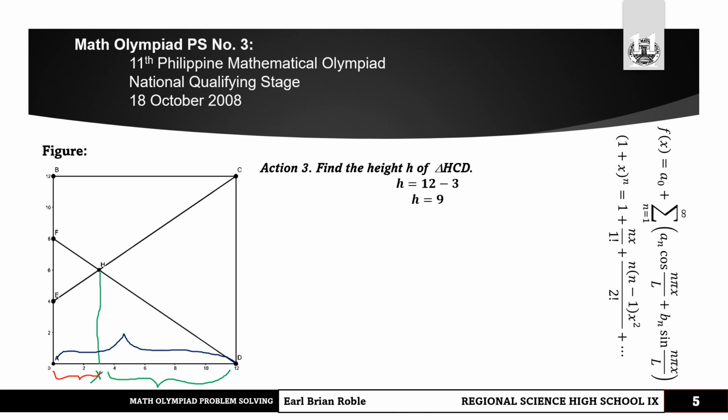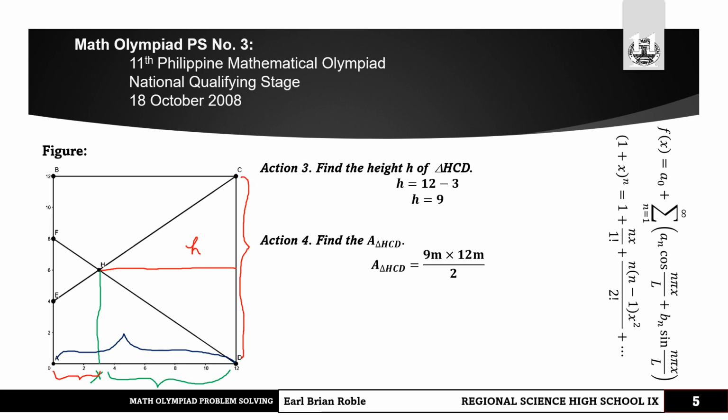Now we already have the base, which is 12 because this is a square, and this one, which is our height. So action 4, find now the area of HCD through the formula base times height divided by 2. So 9 meters times 12 meters, this one our base and this our height, divided by 2.